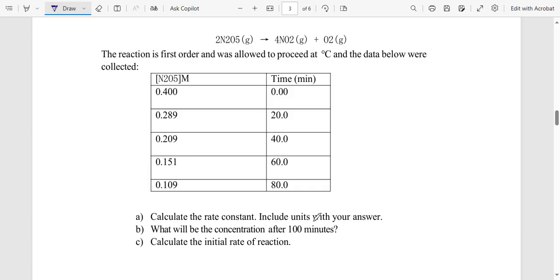Include units with your answer. Okay. Rate constant. So how would you find the rate constant if you've been given the concentrations and the time for each concentration? What you can do for this one is use one principle that we gave earlier. We can say, let's say we use the integrated rate law.